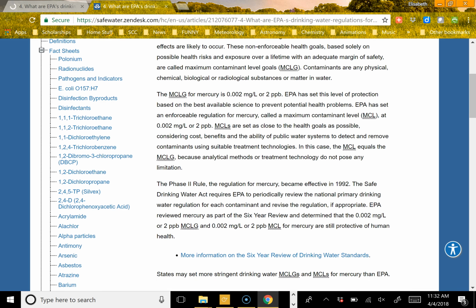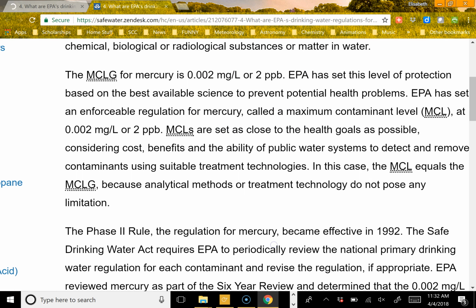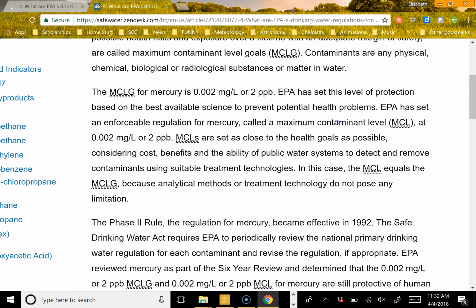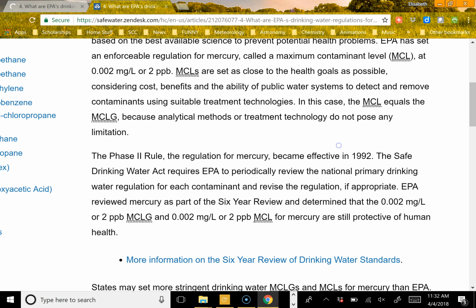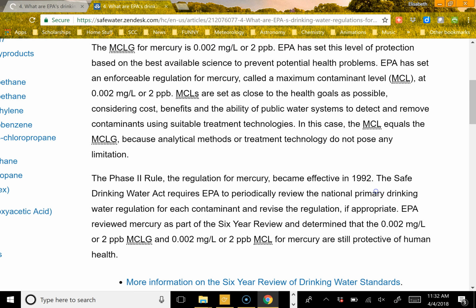Yeah, 0.002, there's an extra zero. Oh, 1992, yeah. So they reviewed it, and unlike the cafe standards, upon review, scientists found that they kept the same limit, it looks like. Good job.